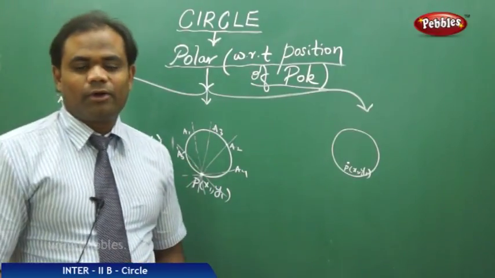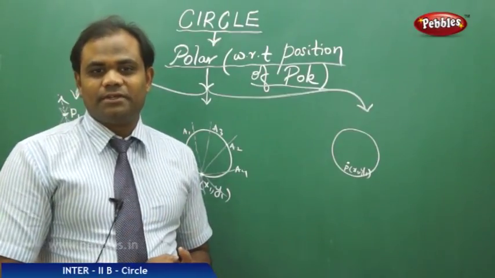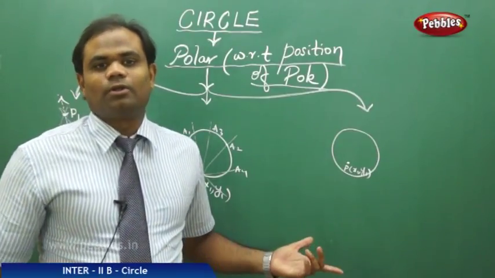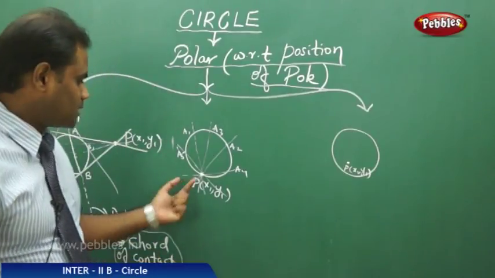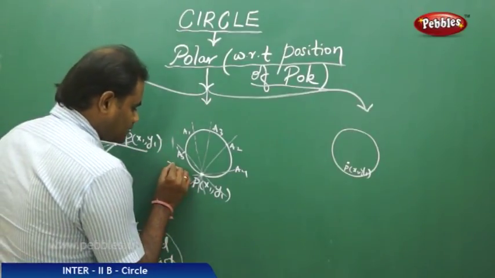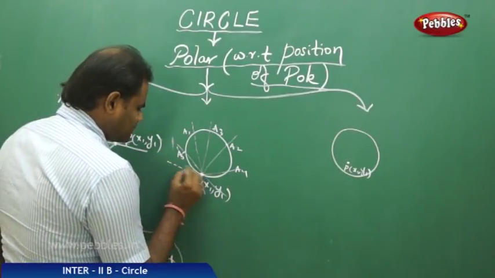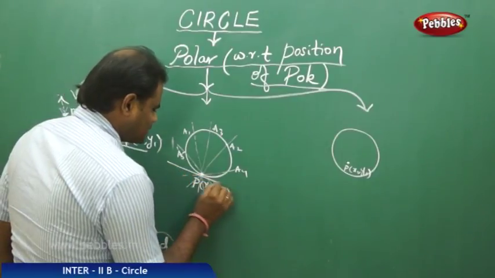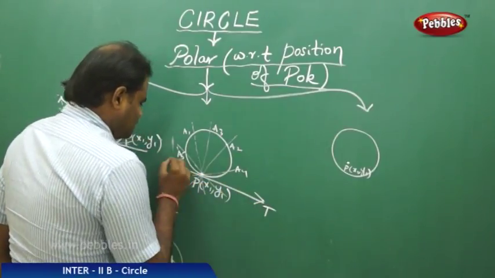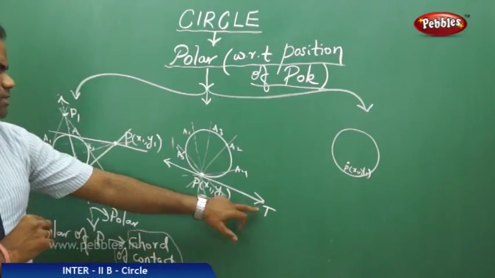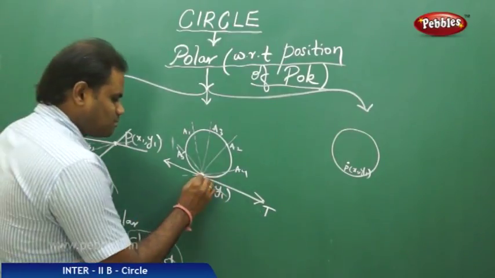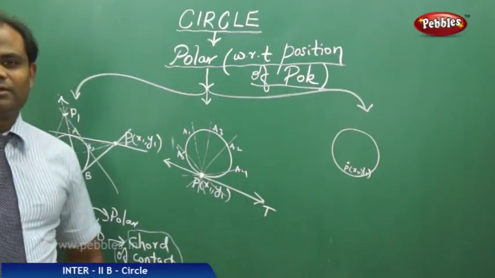So these lines are passing through only one point where the locus is the point P. So indirectly, if a point P is on the circle, we say the pole itself is the polar. That is, they intersect at one point. That is, when I take a tangent, then if I draw a tangent at P (x1, y1), all these points lie on the tangent.